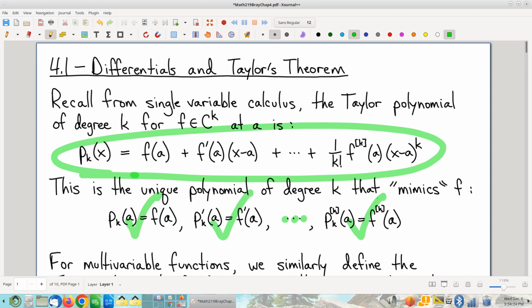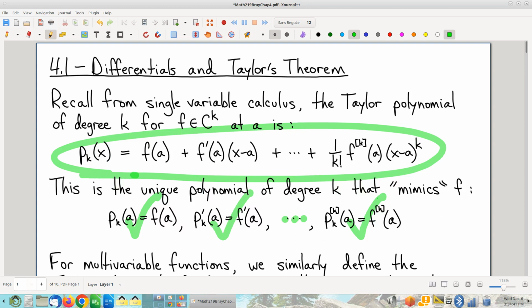So if you're looking for a polynomial that mimics your function, it behaves just like your function f, at least at the point a, in terms of values and derivatives. This is the unique polynomial of degree k that will do that.